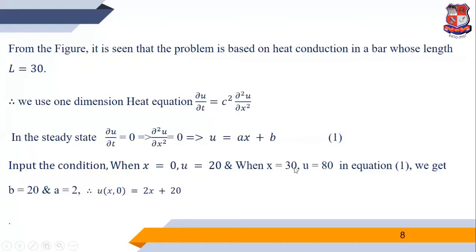Then we input x is equal to 30, u is equal to 80, and the value B is equal to 20, we get A equal to 2. Therefore the initial condition u(x,0) is equal to 2x plus 20.